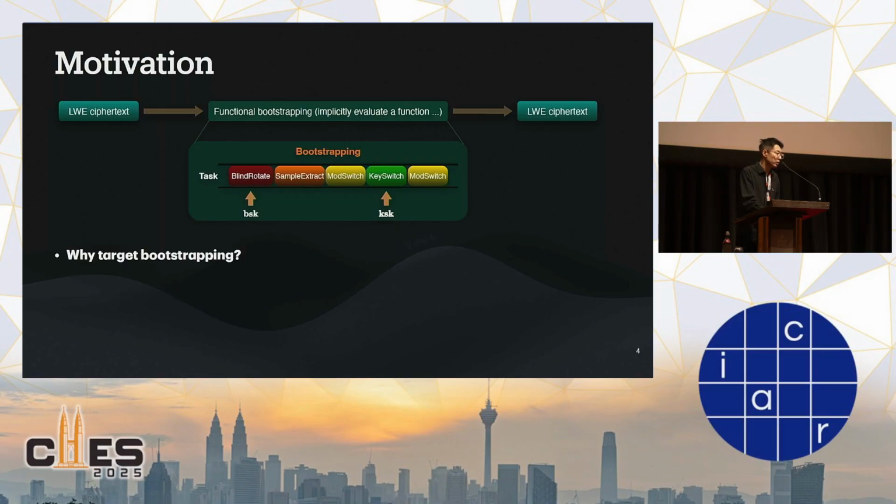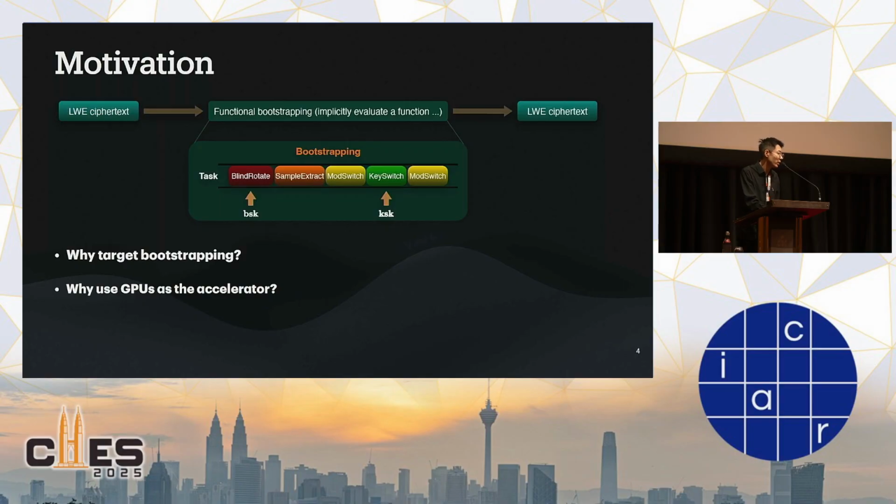So the bootstrapping costs most of the time consumption. We target bootstrapping mostly because other parts are rather fast, so also not very suitable for GPU acceleration. And the bootstrapping part is time costing and also very suitable for GPU acceleration.